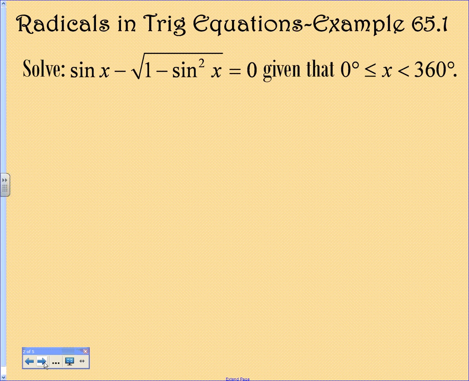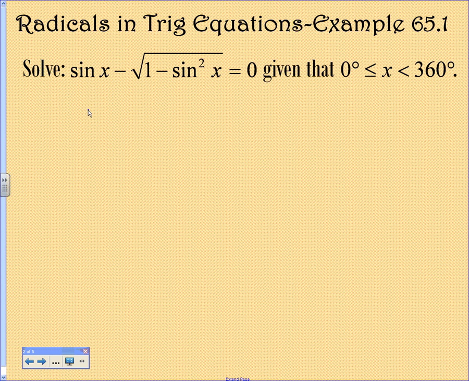What do we want to do with a radical equation? Take the radical out. Okay, so how would we get that radical out of the equation? Yes, you would have to get your radical alone. So what do you want to move?